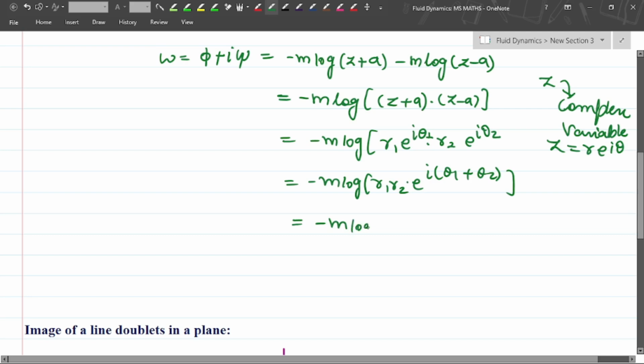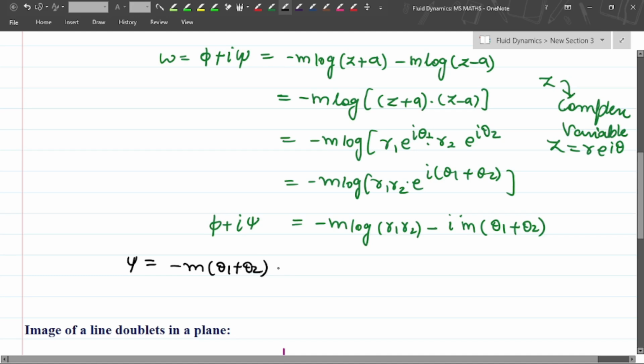So it is minus m log r1 r2 minus iota m theta 1 plus theta 2, because log e is 1. This is nothing but phi plus iota psi, the complex potential function. So the stream function psi is minus m theta 1 plus theta 2.